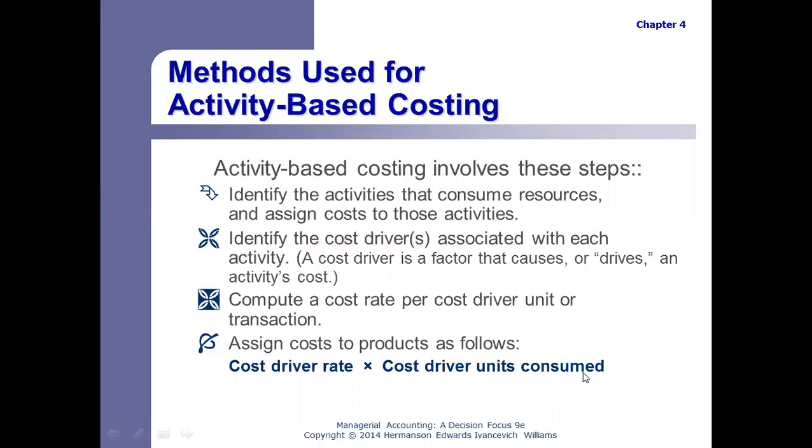Let's say 1,000 hours in a month for cutting spam musubi. We multiply those 1,000 hours times the 30 cents per hour, and we'll get $300. That's what it cost us to do that activity. Again, the activity in this case would be slicing the spam musubi. For each activity, we figure out how much it cost us for that particular activity. These are the steps that we use, and we'll go through an example of this in a second.